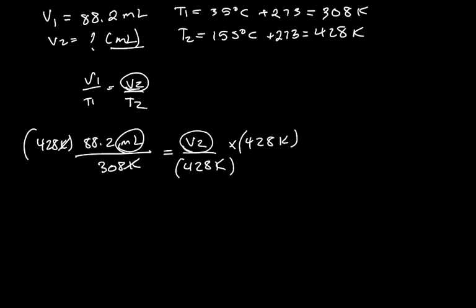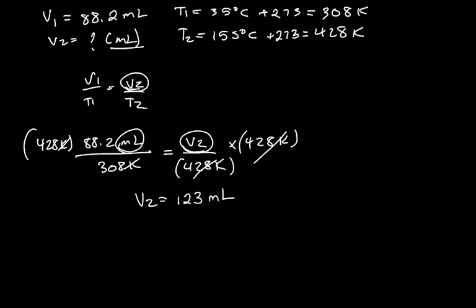428 Kelvin. And you see the Kelvins cancel and we're left with milliliters, which is exactly right because milliliters is a unit of volume. Okay, so 428 times 88.2 divided by 308.